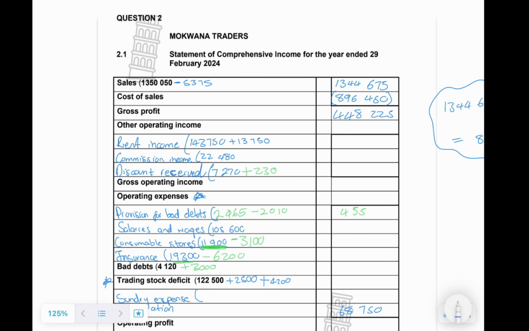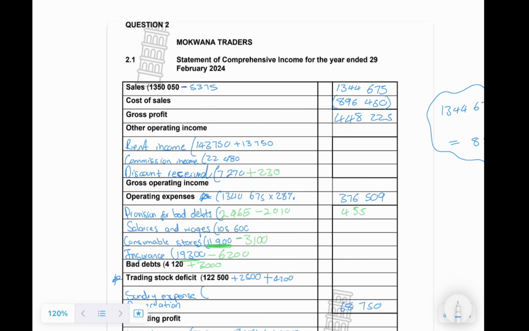So you are going to say 1,344,675 multiplied by 28%, and you will get your operating expenses amount, 376,509.